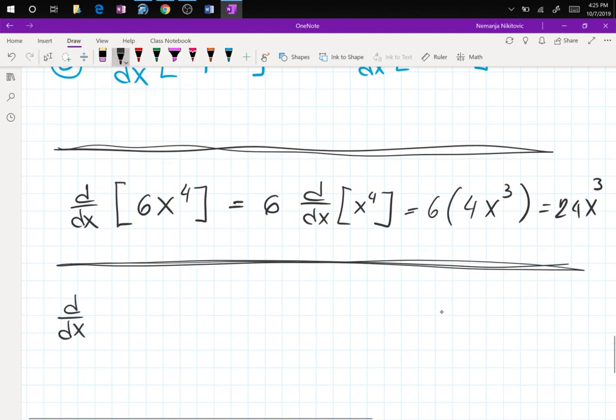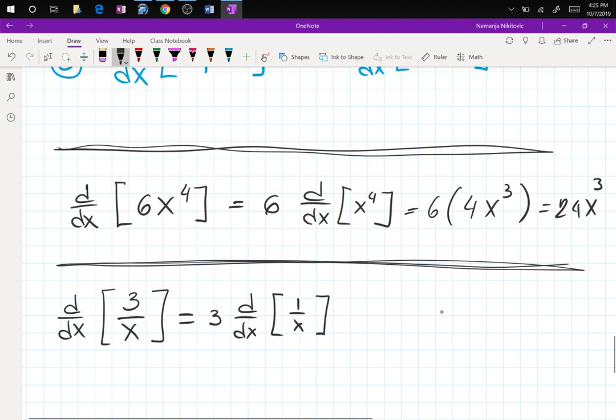The derivative of 3 over x. You kick 3 outside, and then you just have the derivative of 1 over x.